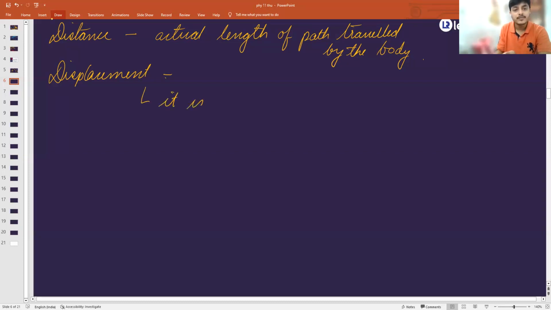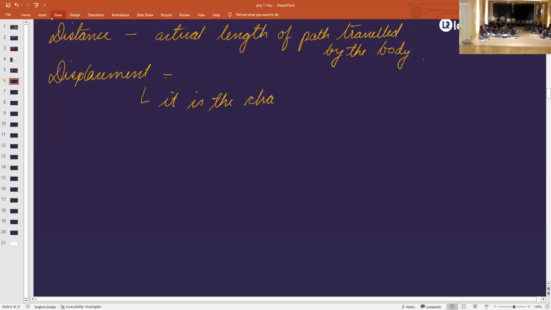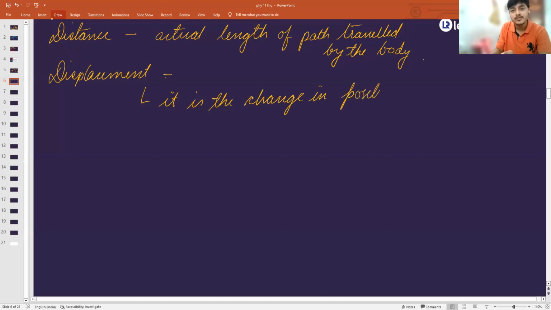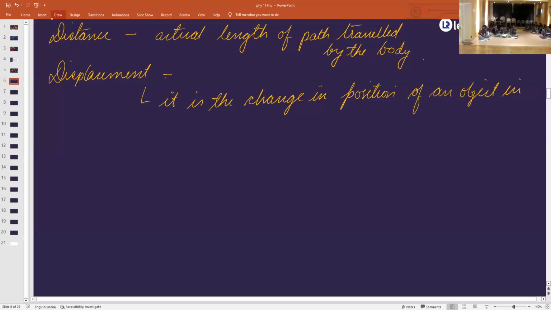And displacement is the change in position of an object in a fixed direction.